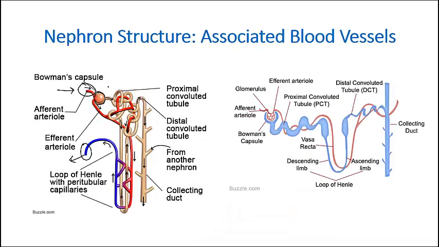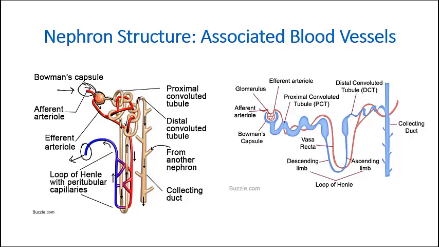And then finally it enters the arcuate arteries. The small interlobular arteries and the smaller arterioles are also present surrounding the cortex region. We saw that earlier. And this is the region where we find this Bowman's capsule.